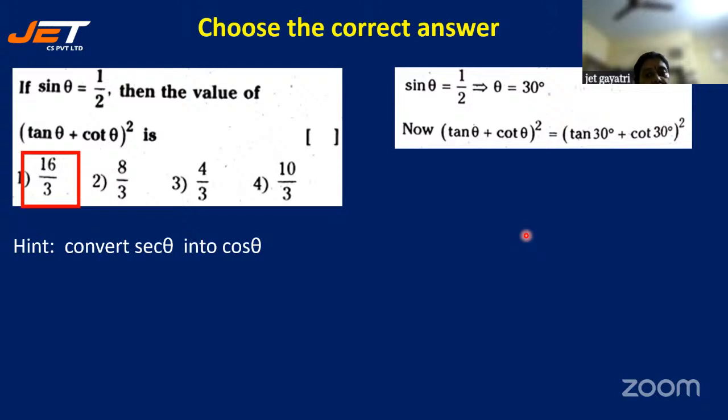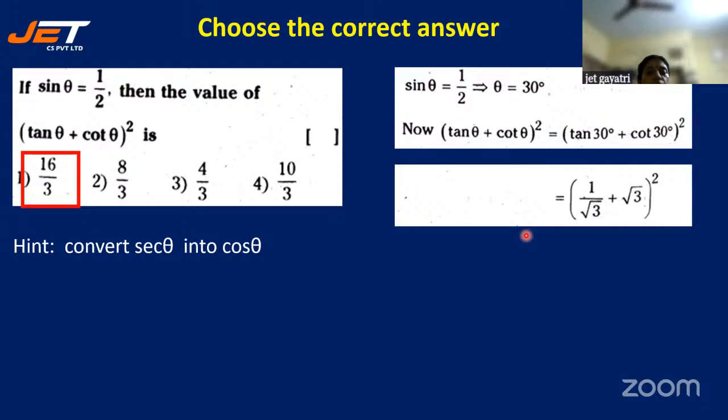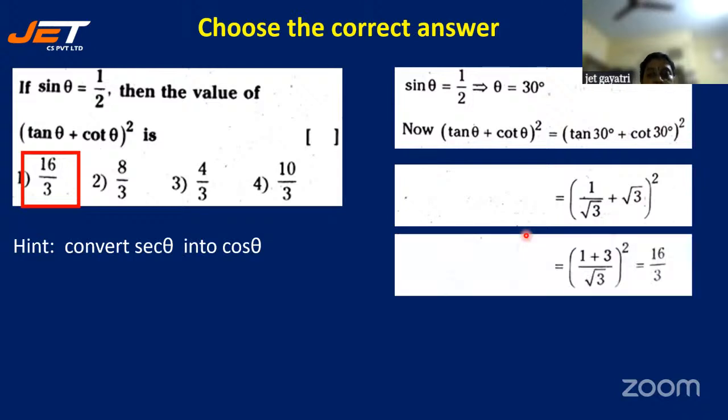So now we have tan theta. Put theta as 30. So we have (tan 30 plus cot 30) the whole square. We know the value of tan 30 as 1 by root 3, plus we know the value of cot 30 as root 3. So now if you take LCM, (1 plus root 3 into root 3, which is 3) by root 3, the whole square.